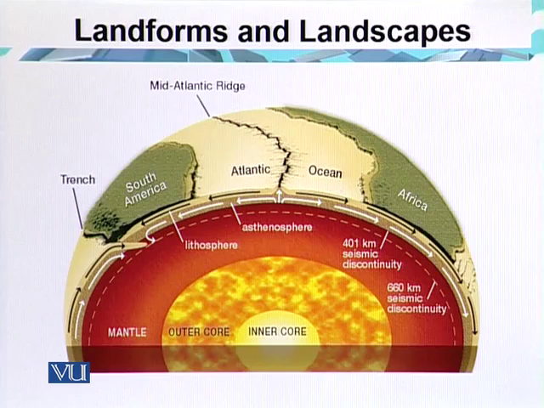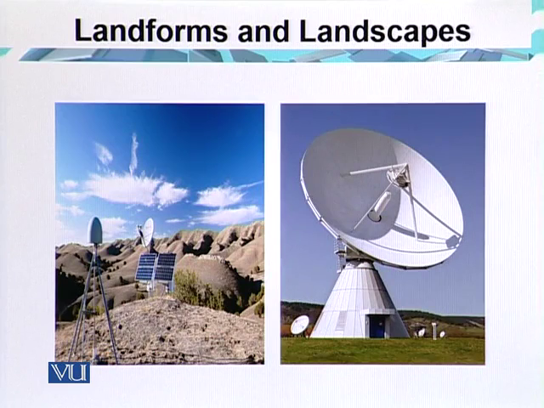At their upper margins, mantle convection cells are thought to act like a conveyor belt, dragging along the overlying plates. Other scientists discount this idea and argue that gravity pushes relatively elevated plates down and away from spreading ridges. Radio telescope arrays are helping to provide data about the movement of the tectonic plates.